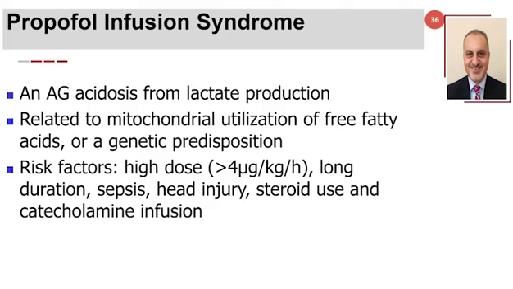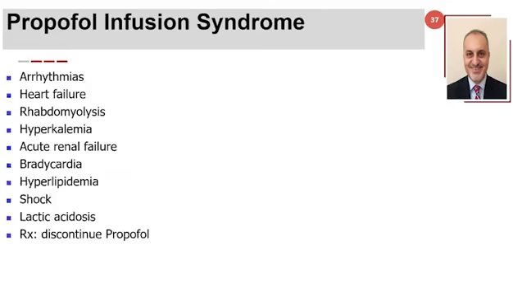Those patients will have a significant amount of lactic acidosis as a result of that. Suddenly, the patient will deteriorate into arrhythmia, heart failure, rhabdo, hyperkalemia, acute kidney injury, bradycardia, hyperlipidemia, shock, lactic acidosis. You have to discontinue propofol and support the patient till they get better. We don't see it a lot.